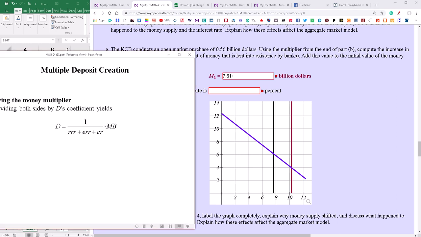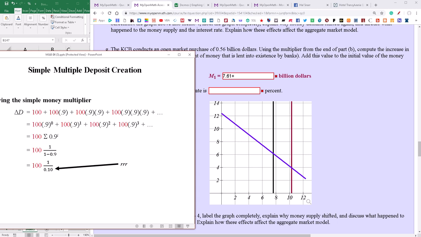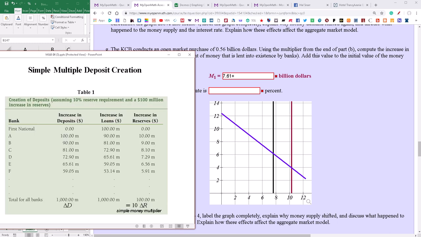Okay, so the way this kind of works is, let's go back to find what we're looking for here. Okay, so we need to know the change in money. We're going to get the change in money by multiplying the money multiplier, not the simple money multiplier, but the money multiplier, times the change in reserves.